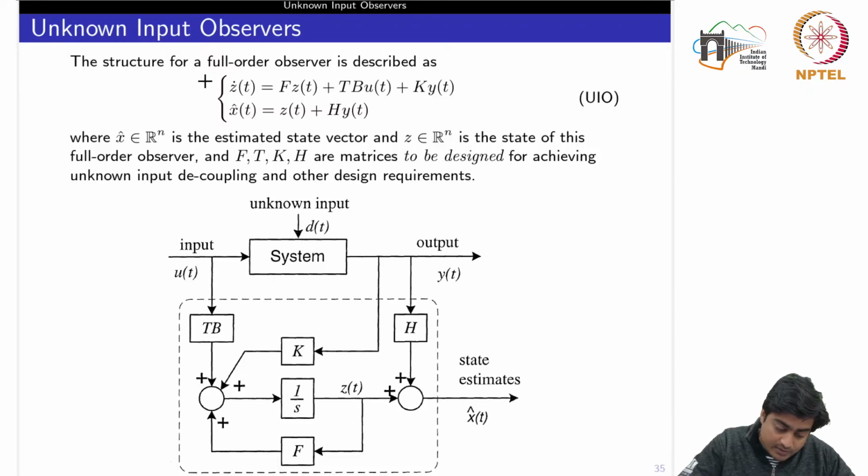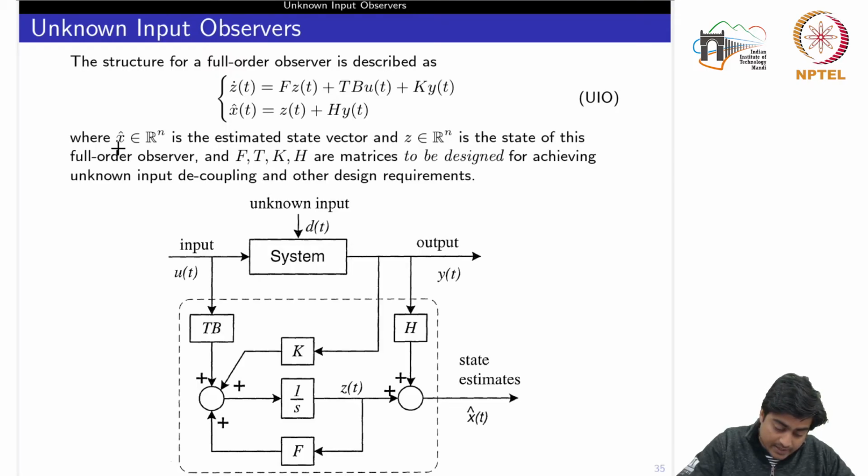So let's see. The structure for a full order observer we described as z dot is equal to Fz plus TBu plus K times y(t), where x hat, the estimation of the state, is given by the summation of z(t) plus H times y(t). Here z is the internal state of the observer, and we call it the full order observer because the dimension of the state of the observer and the plant remains the same.